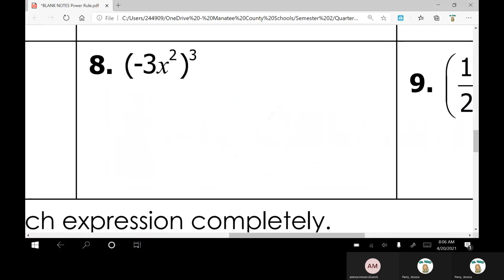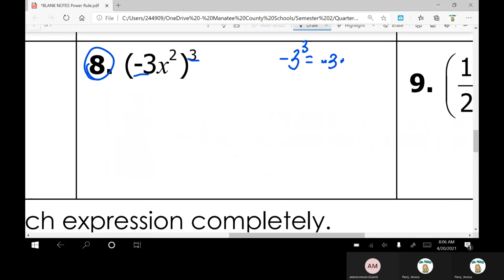Number 8. So for number 8, first let's do -3 to the power of 3. That is really -3 times -3 times -3. You don't even need a calculator for this.